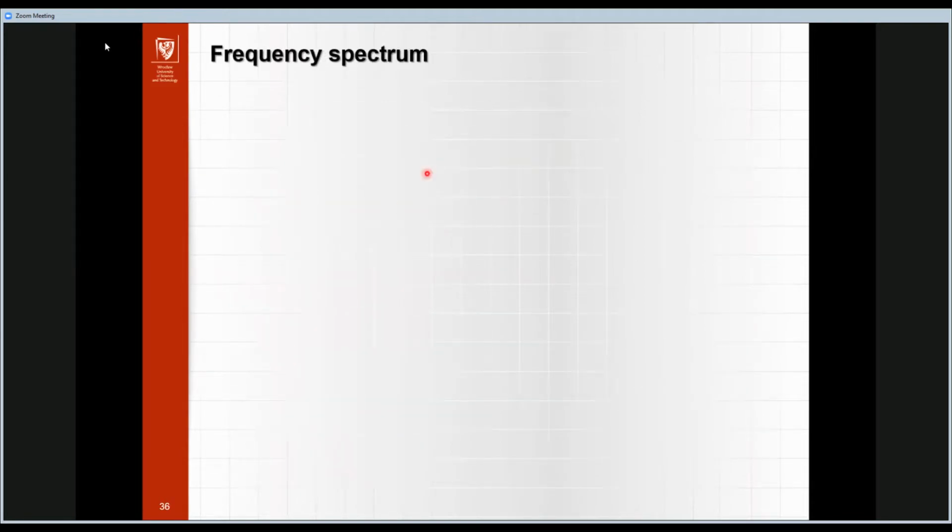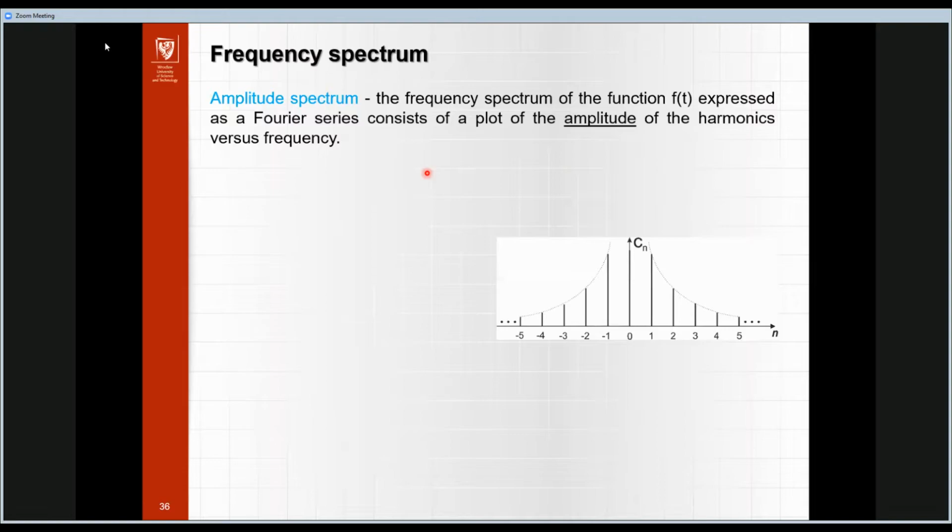Okay, and now we are talking about the frequency spectrum. The frequency spectrum is very useful in the laboratory. The frequency spectrum consists of the amplitude spectrum. It can be expressed as a Fourier series, consisting of a plot of the amplitude of the harmonic versus frequency. Here we have the number of the harmonic.